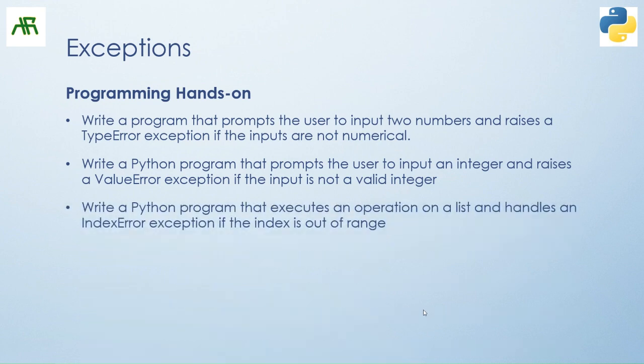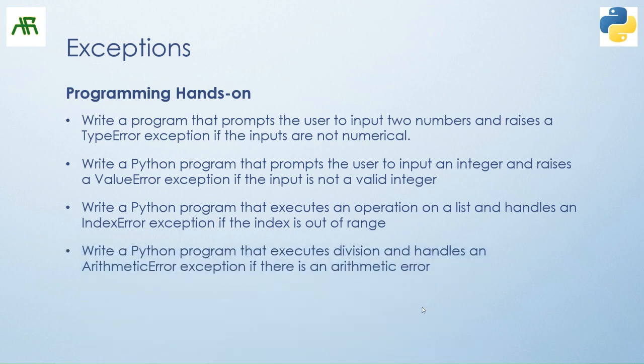Write a Python program that executes an operation on a list and handles an index error exception if the index is out of range. And write a Python program to execute a division and handle an arithmetic error if there is one. And of course, as usual, you can look at a few other exercises yourself and try to code for them.